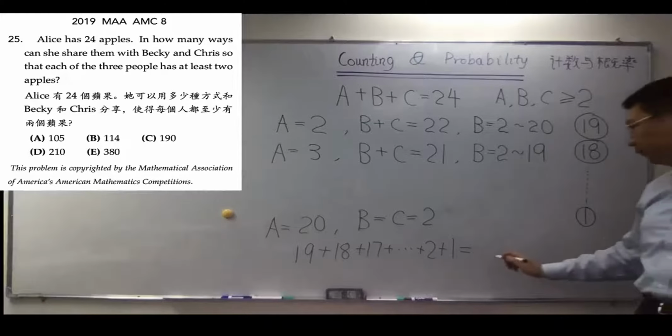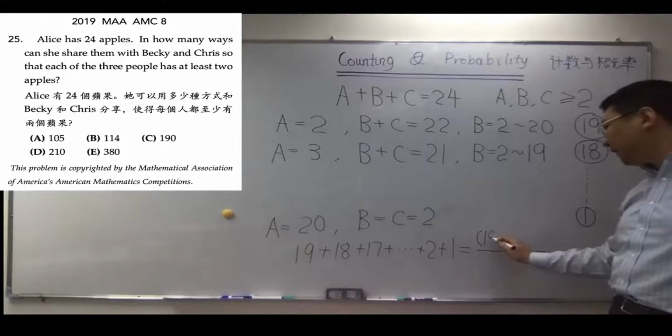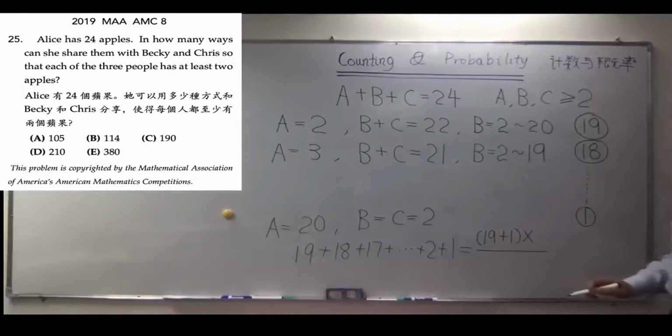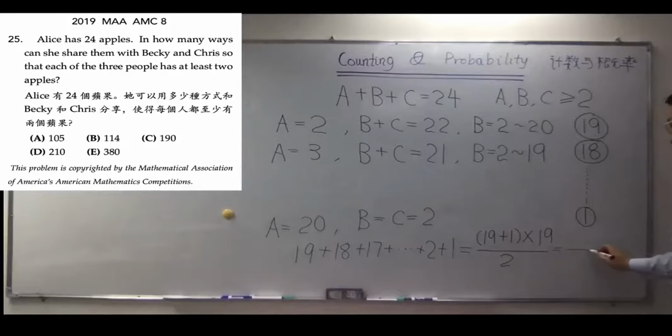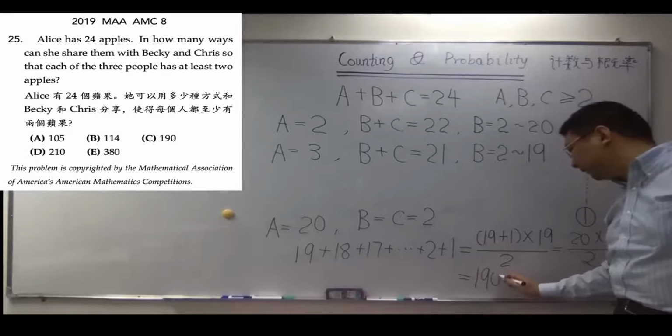We know the magic formula to calculate the sum, which is the first term 19 plus last term 1, times how many terms are there, 19 numbers, divided by 2. You would see that is exactly the same formula we just saw when we calculated the combinatoric numbers: 20 times 19 divided by 2. So the final answer is 190.